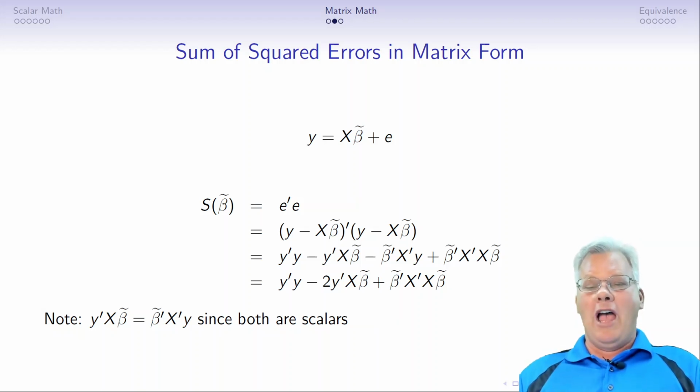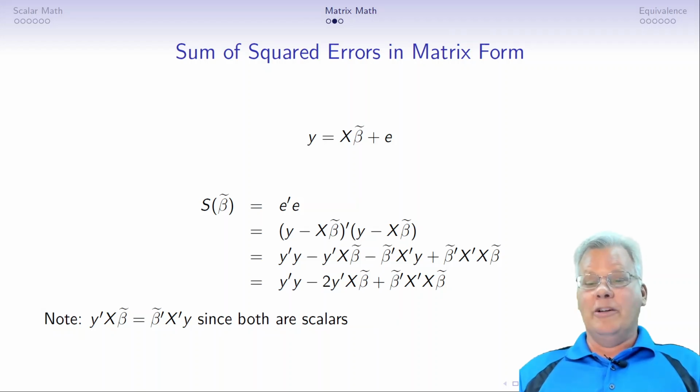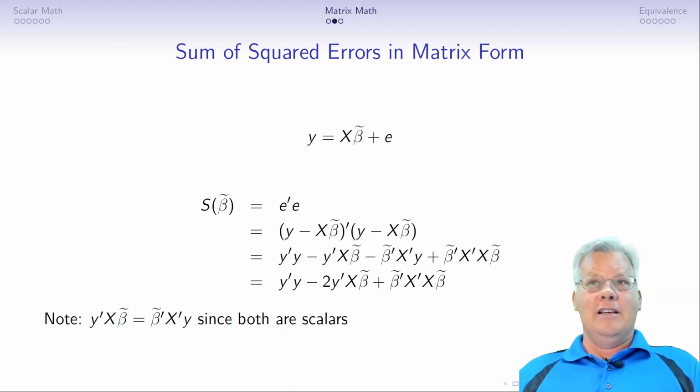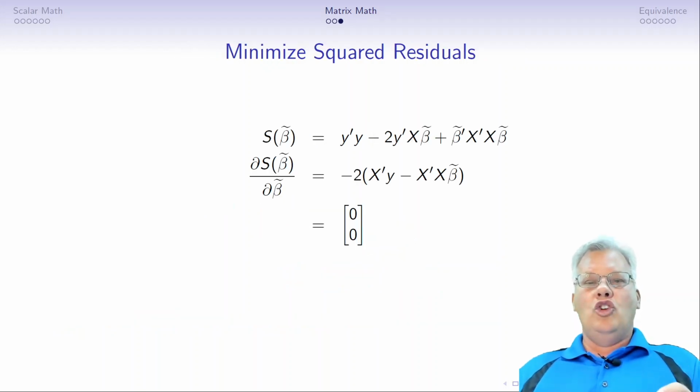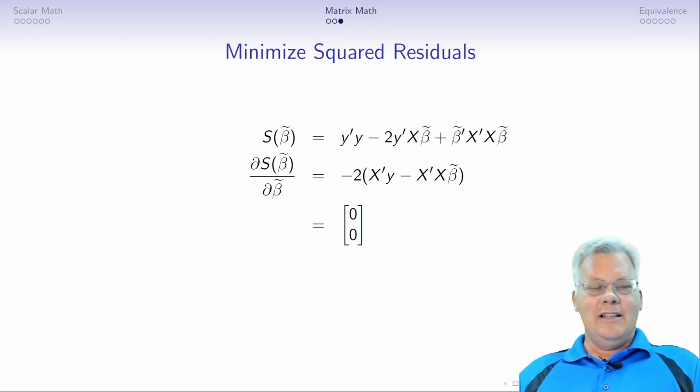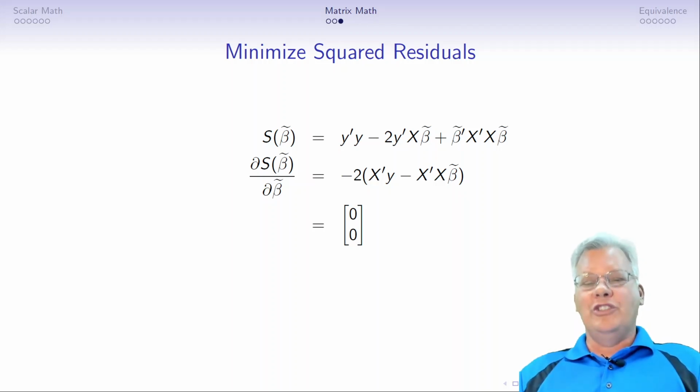So y prime x beta tilde and beta tilde prime x prime y are equivalent because the transpose of a scalar is equal to the scalar. So I can simplify it to this final term, and then to minimize this sum of the squared residuals, I need to perform matrix partial differentiation.